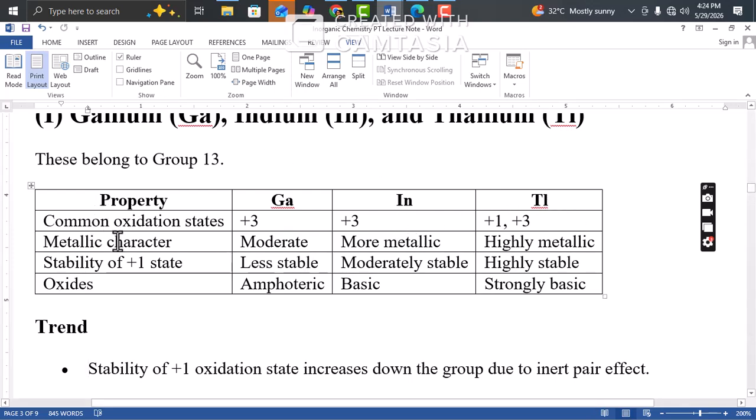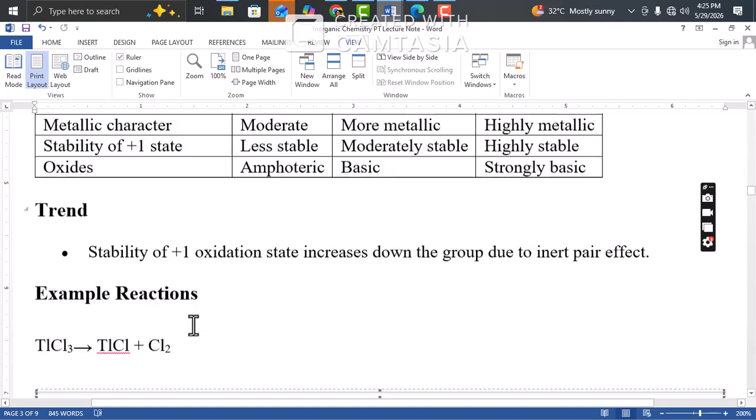For metallic character, gallium is moderate, indium is more metallic, and thallium is highly metallic. For the stability of the +1 state, gallium is less stable, indium is moderately stable, and thallium is highly stable. The oxides of gallium are amphoteric, while the oxides of indium are basic. The oxides of thallium are strongly basic. So take note of that.